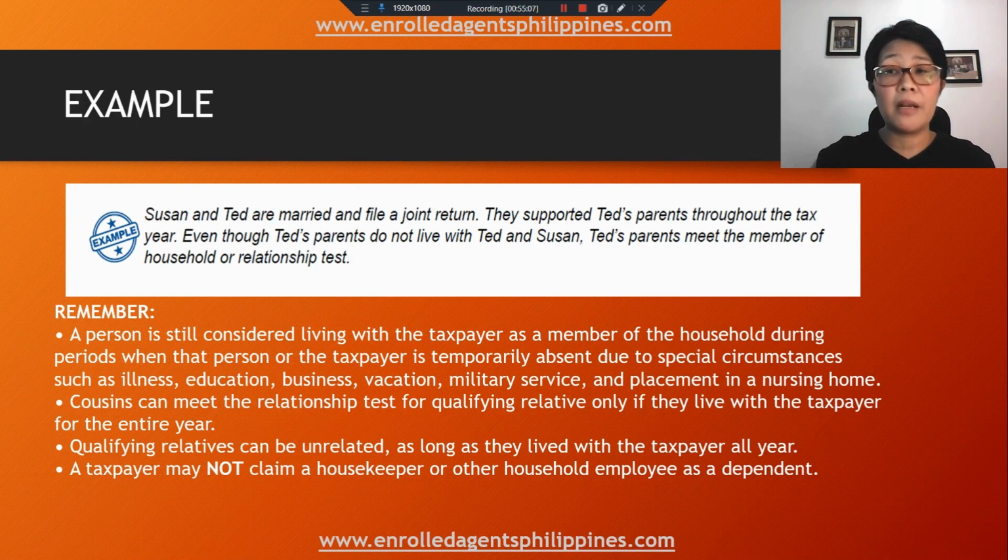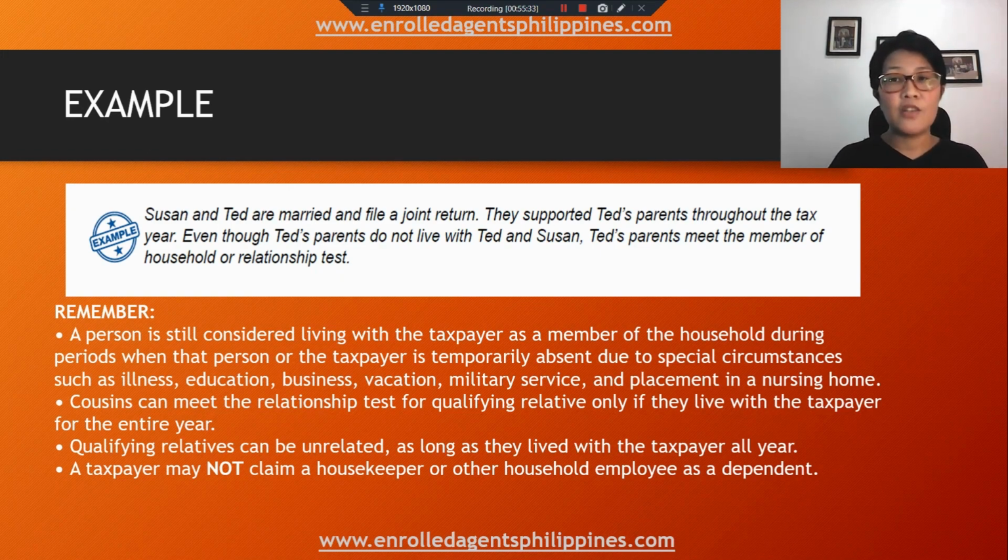Kasi syempre, yung mga parents, may sarili ding bahay ang mga yan, or sometimes nasa mga retirement or nursing homes. So pagka ganun, kahit na hindi physically nakatira dun sa bahay ng taxpayer, pwede pa rin mag-qualify. In this case, Ted's parents meet the member of household or relationship test, kasi kahit hindi siya nakatira dun sa bahay.